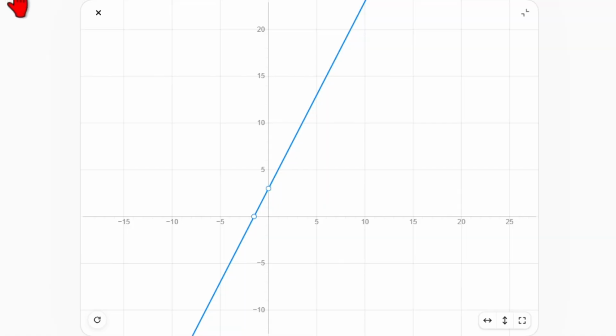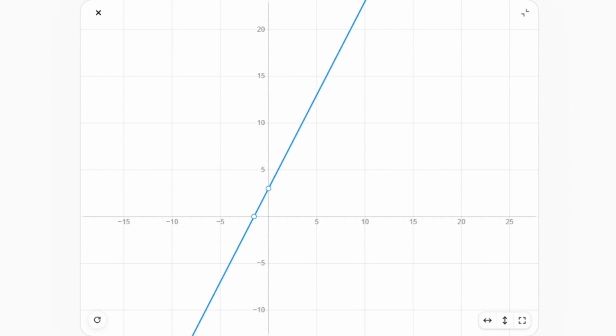So let's take a look at the function graph to visualize this easier. Here's our function 2x plus 3. It's a straight line with a constant slope, and these two circles right here represent the y and the x intercept. These are not removable discontinuities, which we will talk about in the future.